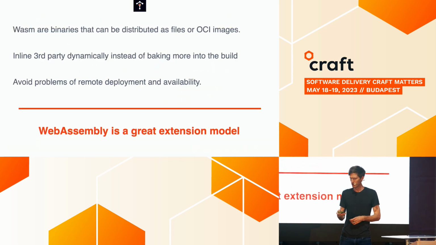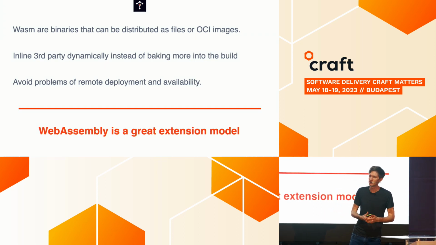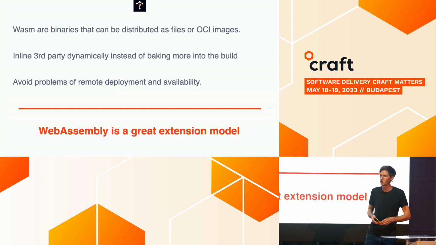So I'm putting a summary on each of these sections because I know it can get lost easily. But basically, WASM are binaries for the WebAssembly virtual machine that it can execute. And in a service architecture, you usually have distributed stuff, so they can be distributed by config maps if they're small enough, or OCI images if they're larger, or just because you prefer that.